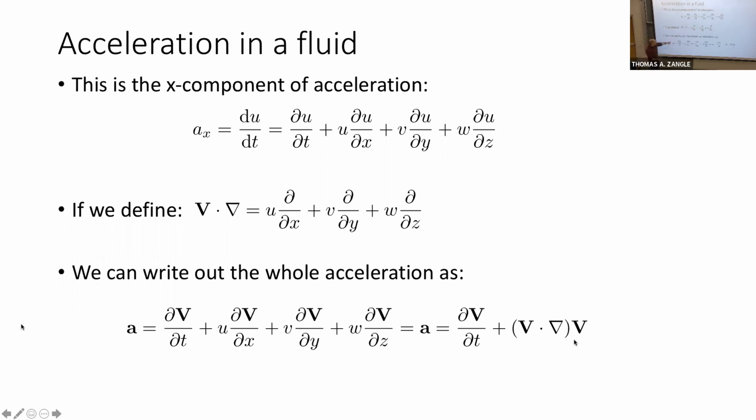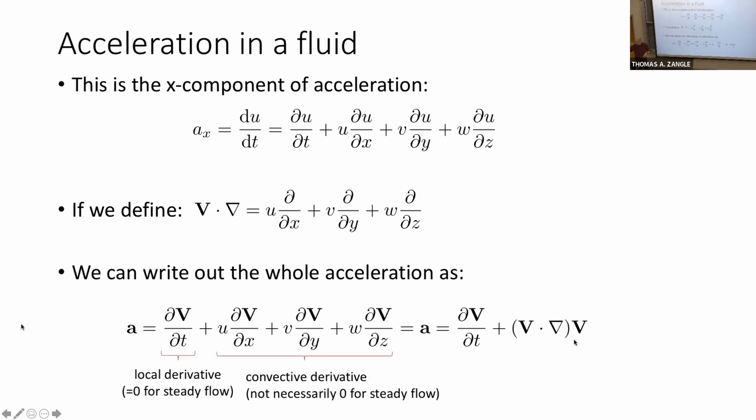So we can now, for vector acceleration, or the total acceleration of the particle, write it out this way, or simplify it using this operator as ∂V/∂t plus V dot del V. This is the acceleration of a fluid particle.